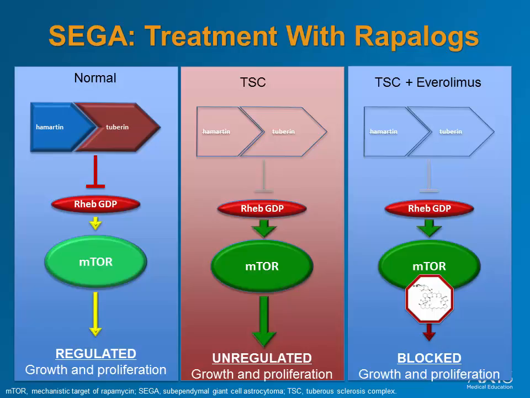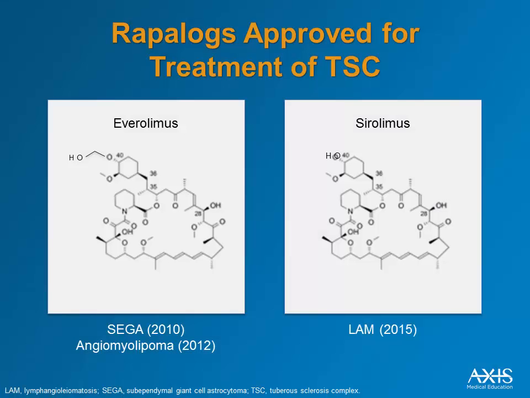Everolimus is FDA and EMA approved for treatment of subependymal giant astrocytoma in TSC, and it's also approved for renal angiomyolipomas. And sirolimus is FDA approved for treatment of lymphangioleiomyomatosis in TSC. And we can treat patients with TSC with everolimus and similar mTOR inhibitors and block this upregulated state of mTOR that occurs in TSC that should not be present.